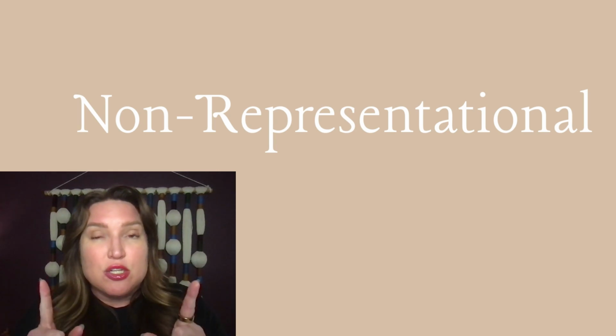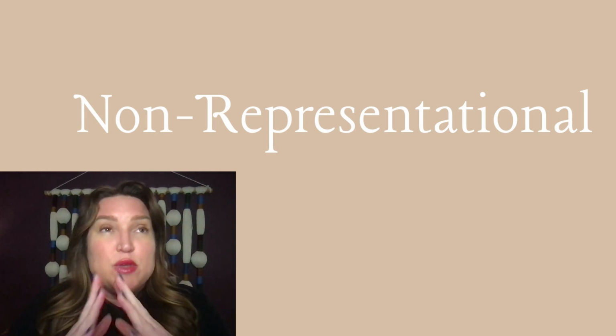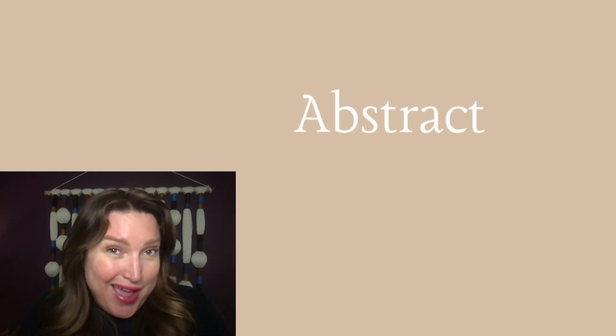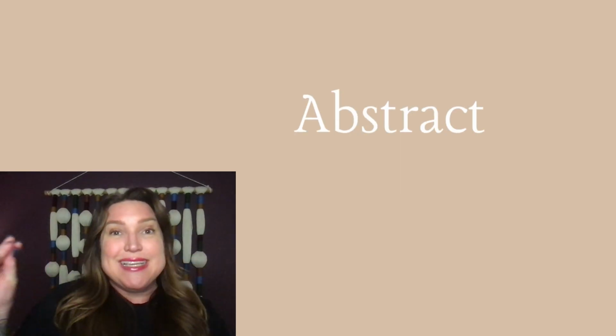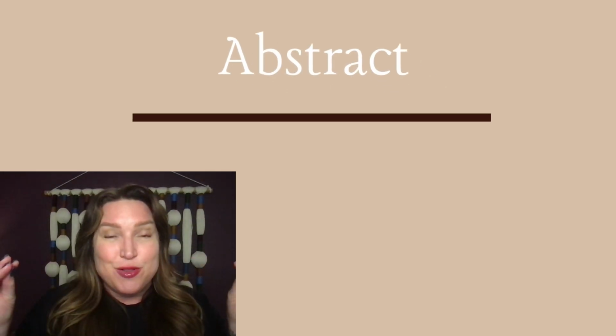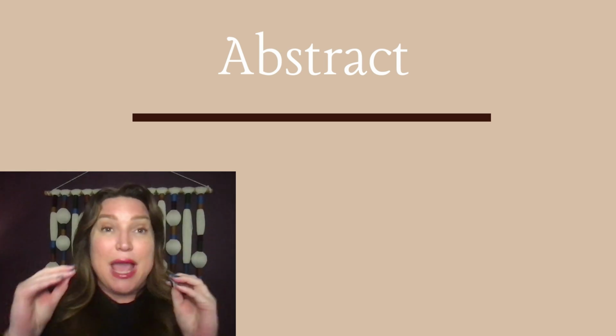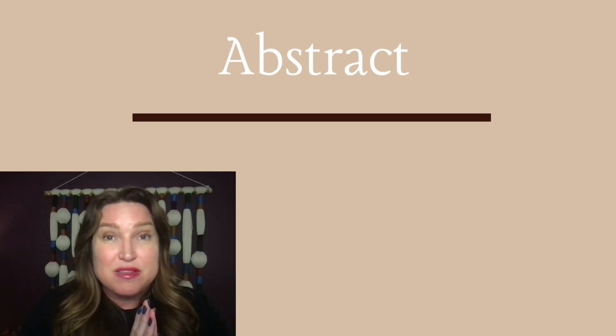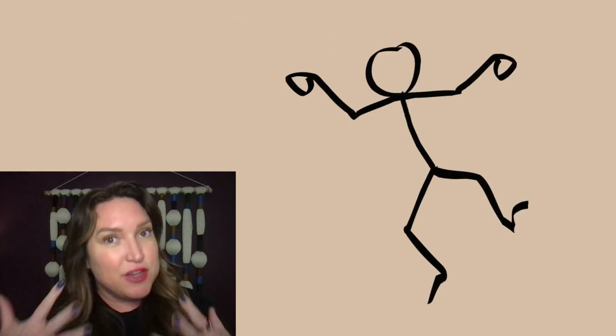Now, when we look at the term non-representational, we will see that another way you can describe this is abstract. But abstract exists on a scale. What does abstraction mean? Abstract means something has been reduced to its most basic forms. Think of a little kid drawing a stick figure. That's very abstract.